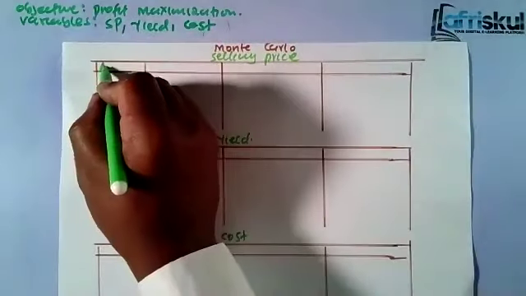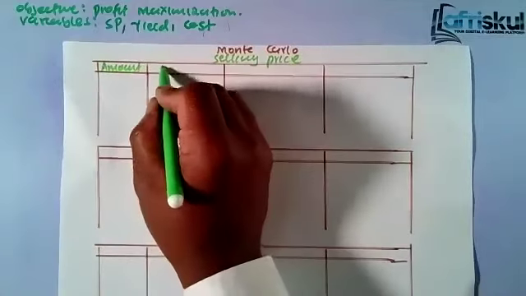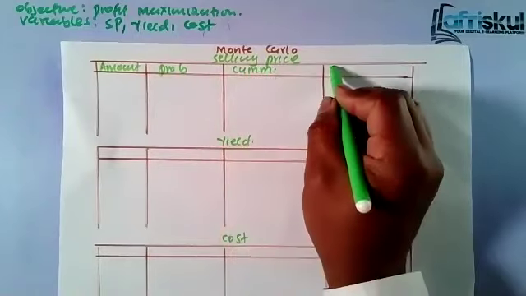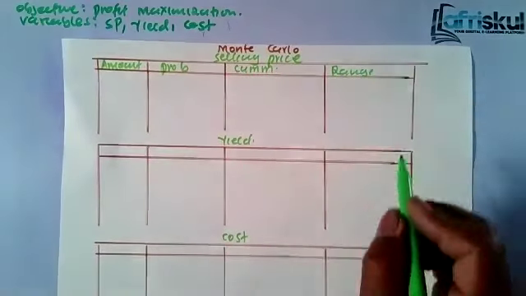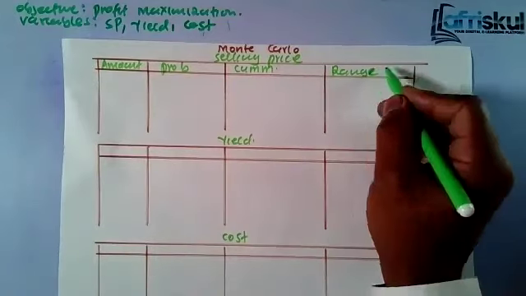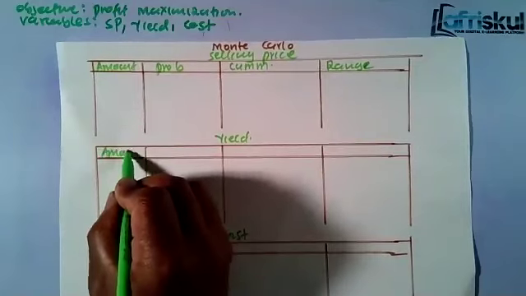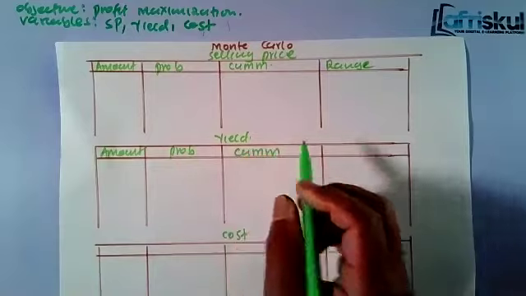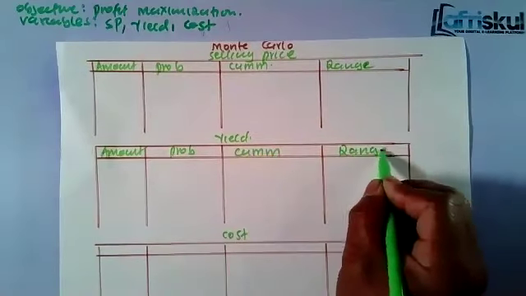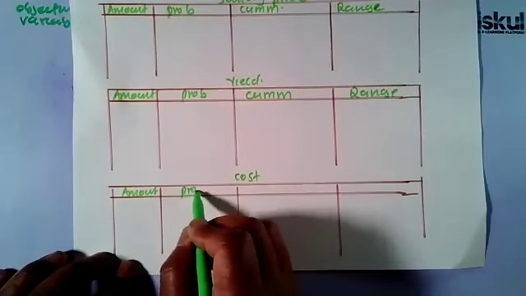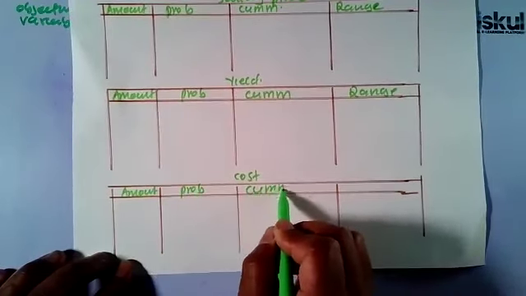So you bring the amount, probability, you accumulate the probability, and then you range. The same here, you bring the amount, probability, accumulate, and then you range. Also for the cost, the same: you bring the amount, probability, you determine the cumulative probability, and then you range.